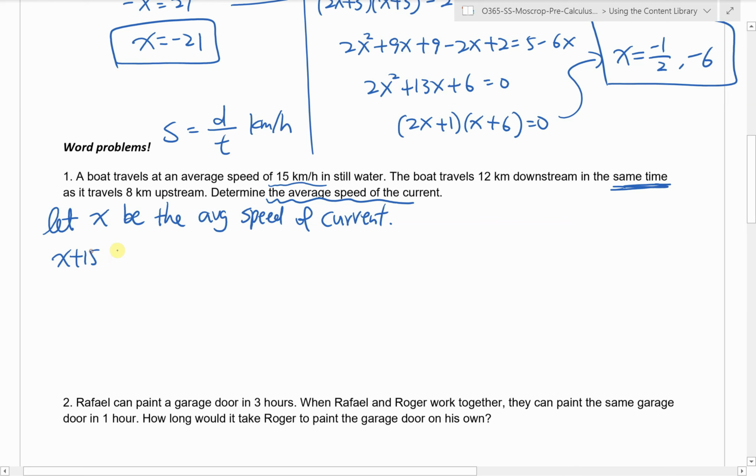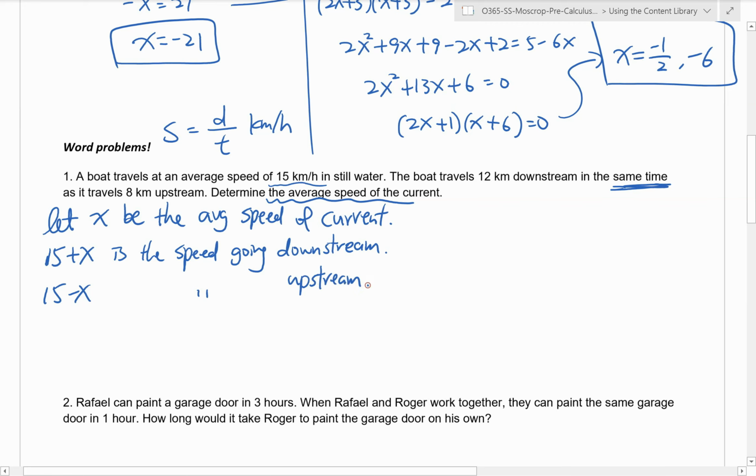And going upstream, it would be 15 minus x, because the water is pushing against you, so you're slowing down.